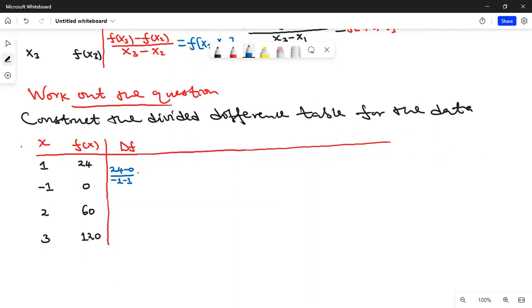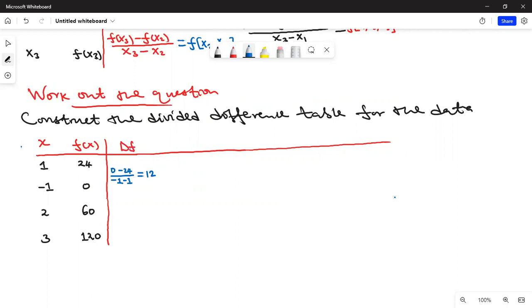That should be negative 12. Is it negative 12? Oh, no, it's 0 minus 24. Let me change it. It should be 0 minus 24, not the other way around, so that our answer should be positive 12. So take note, it should be 0 minus 24. So this answer will be 12.